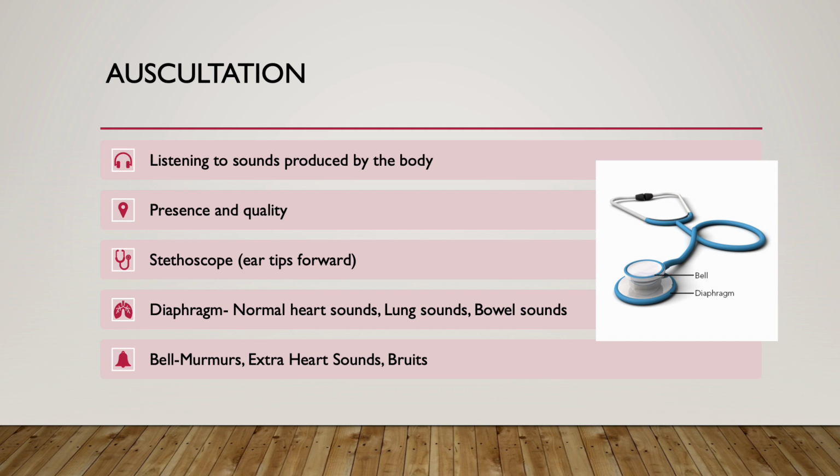And when you use the bell, you only use very light pressure, because if you apply firm pressure when using the bell, it makes the bell act as a diaphragm. But it would be beneficial for you today to memorize the sounds you will hear using the diaphragm and the bell of your stethoscope.